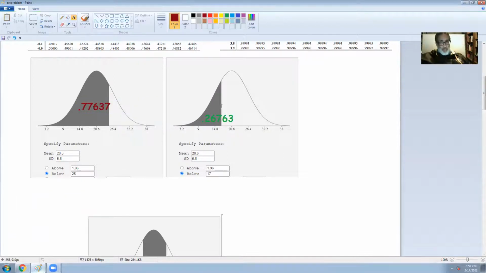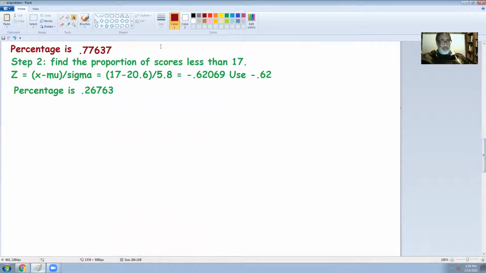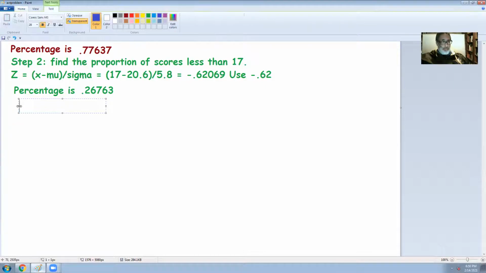Okay, so then what we do to find the area in the middle is we subtract. So the required area, step 3, subtract.